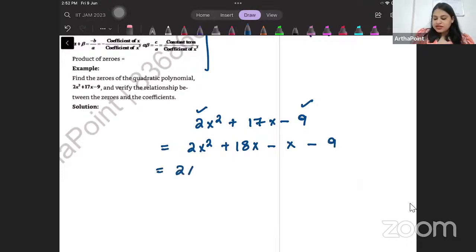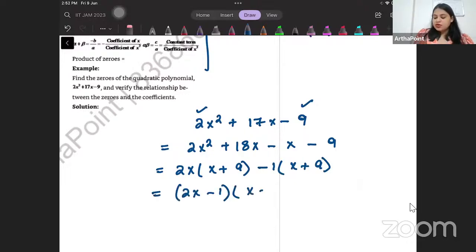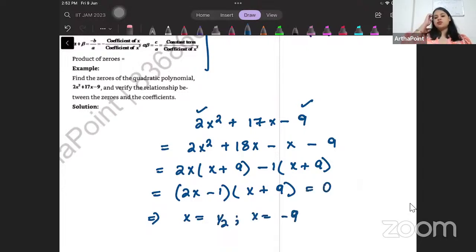This can be written as take 2x common, x plus 9, take minus 1 common, x plus 9. This can be written as 2x minus 1 into x plus 9. So your x will be half and x will be minus 9. If I have to equate this to 0, either x will be half or x will be minus 9. So we have found out the zeros of the polynomial.